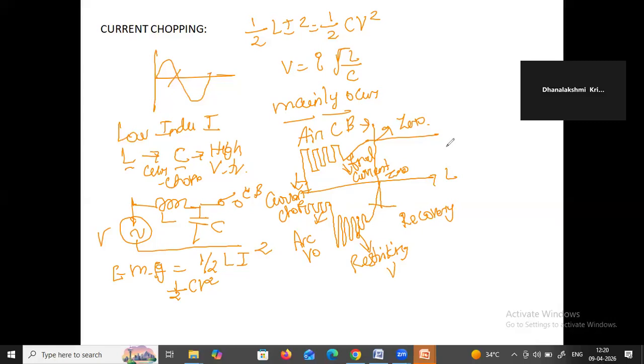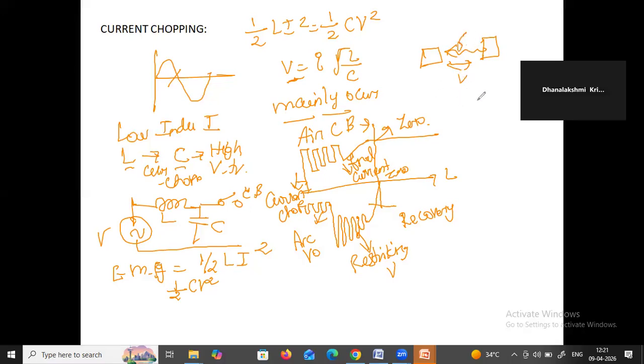Because the arc is formed between the contacts, the voltage will appear. If this voltage V is more than the withstanding capacity of the gap within the contact, the arc appears again.